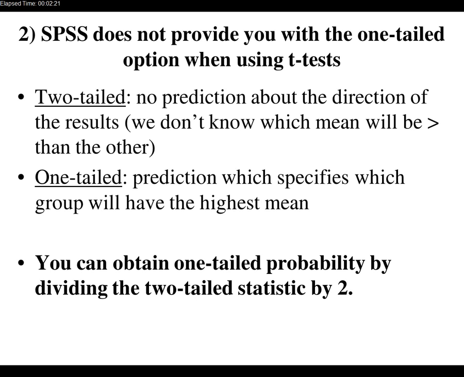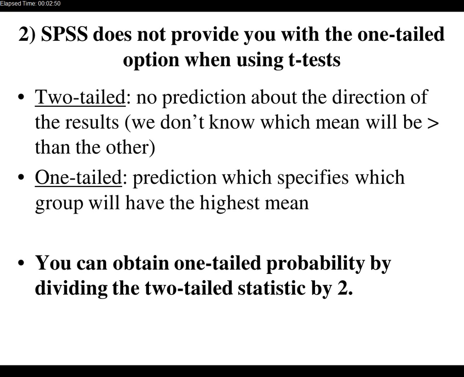We don't know which will be greater than the other. Whereas a one-tailed test is pointing at either the left or the right tail of the curve, and in that case they are making a prediction of which tail your results are going to be under, which group will have the highest mean.